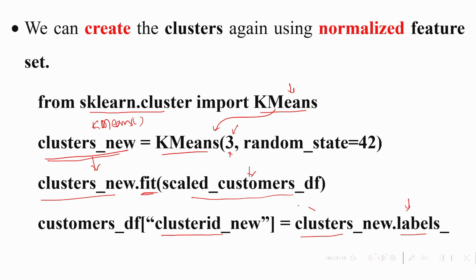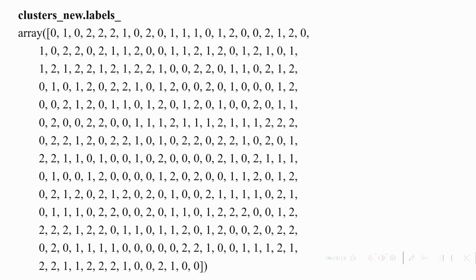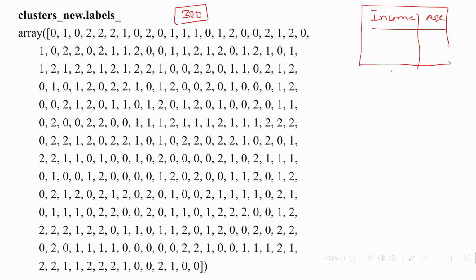Those labels are going to be added to our customers_df dataset, in a new column named cluster_id_new. Now display clusters_new.labels_. We are getting the new labels for all the data. Our dataset contains income and age, and 300 instances are there.